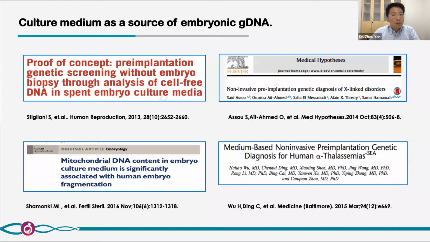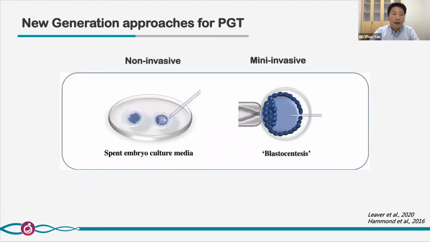Several attempts were made to utilize the culture media as a source of embryonic DNA for pre-implantation genetic testing or diagnosis, such as for X-linked disorders, alpha thalassemia, etc. This laid the foundation for a new generation of PGT approaches, which is either non-invasive PGT using the spent culture media, or minimally invasive PGT using the blastocyst fluid, as a source of embryonic genomic DNA.